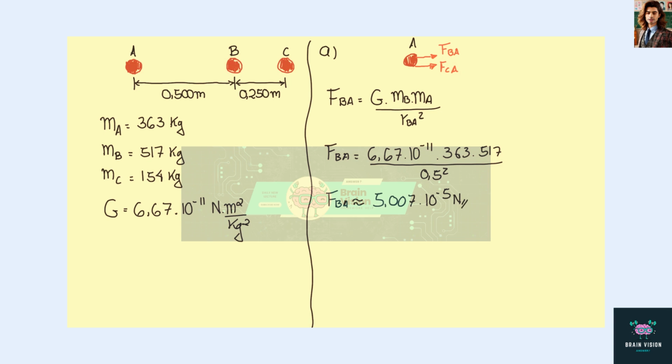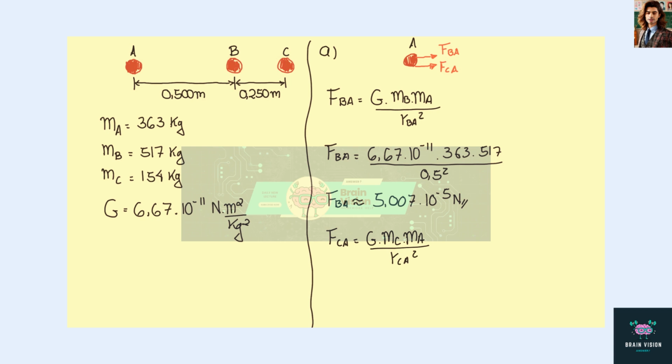Now for the magnitude of the gravitational force between particle C and particle A, we have the following. FCA is equal to G mC times mA divided by the distance between particle C and particle A squared.